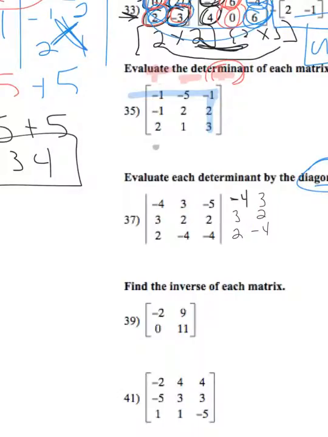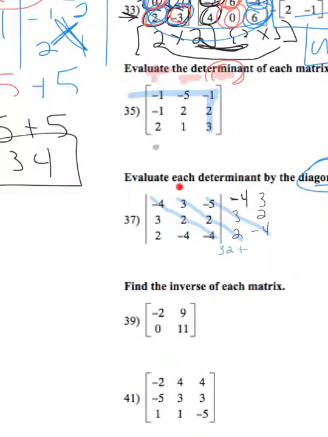Okay, the reason I want to do that is because now I want the diagonals going down. So I want that diagonal, and that diagonal. Okay, -4 times -4 is 16 times 2. So that one, positive 16 times 2 is 32.